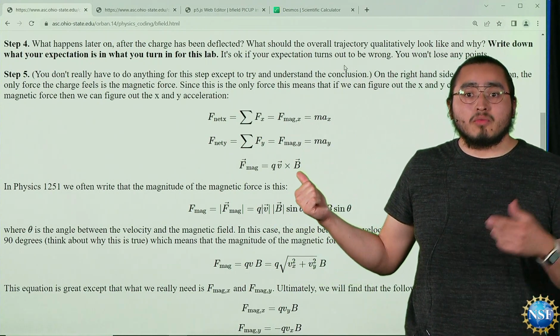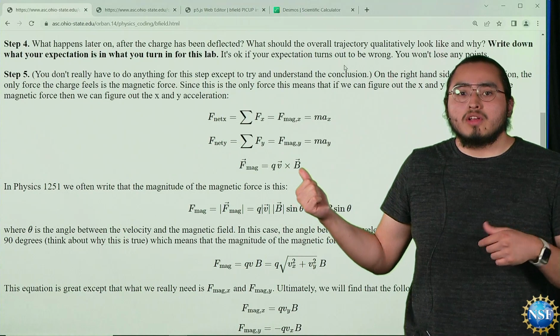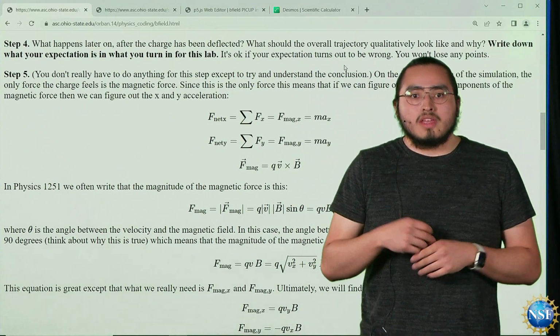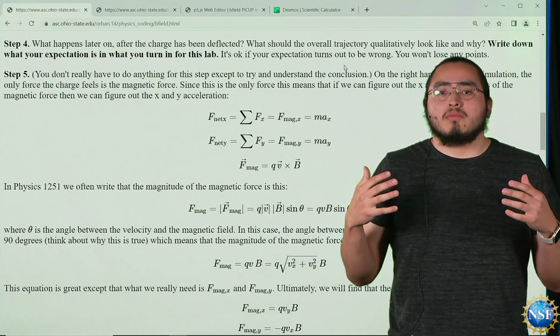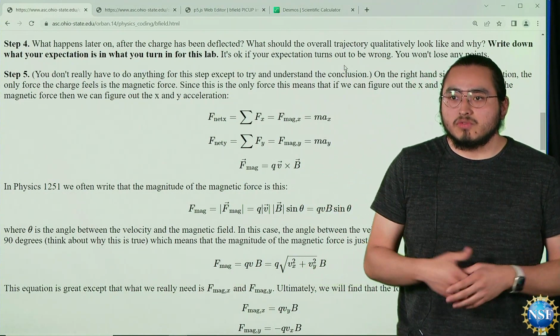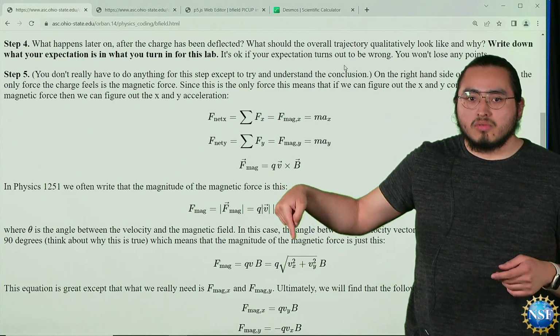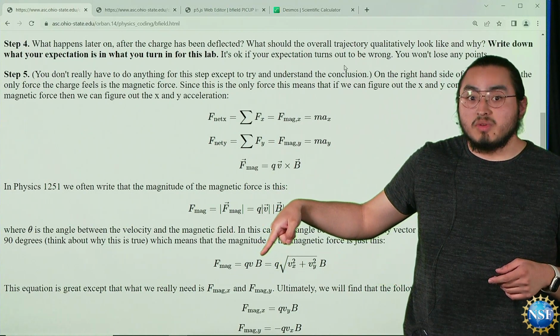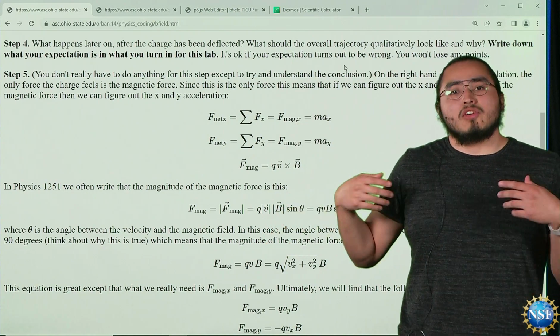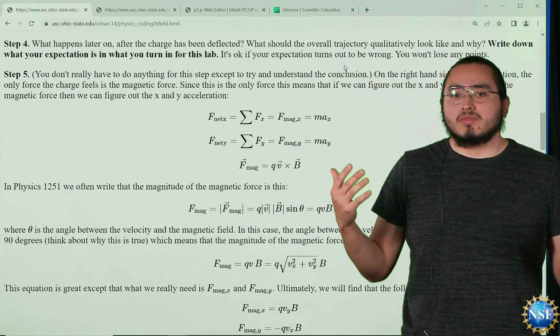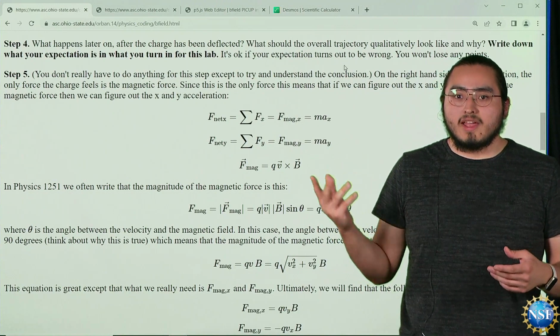And here's our formula that we just discussed a moment ago, QV cross B. In general, we talk about the magnitude of this force in the magnetic field, and that leads to a result we commonly know as QVB. But that implies there's no directionality on this force, but there is, because we just showed it with the right hand rule.